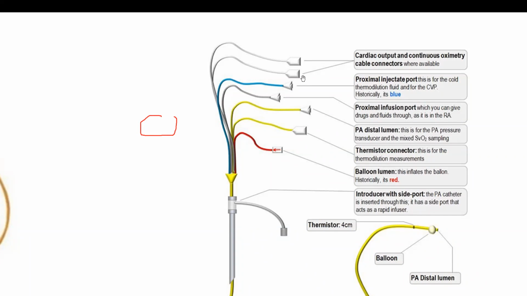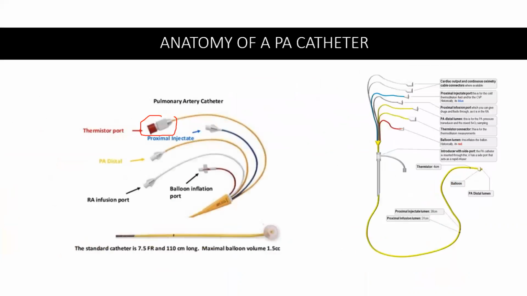As you could see right over here, this too could be used for cardiac output and continuous oximetry cable connectors. And this one is an injectate port, and so on and so forth. We're going to go through all these ports one by one because it's a little bit complicated, particularly if you haven't seen one or taken care of one. Okay, so let's move forward.